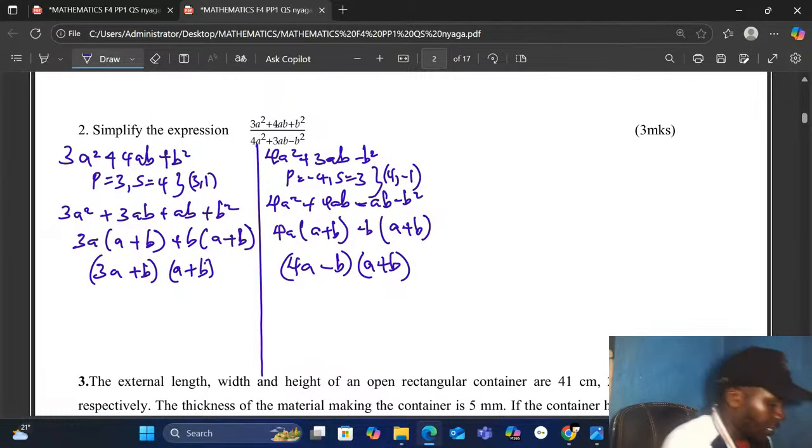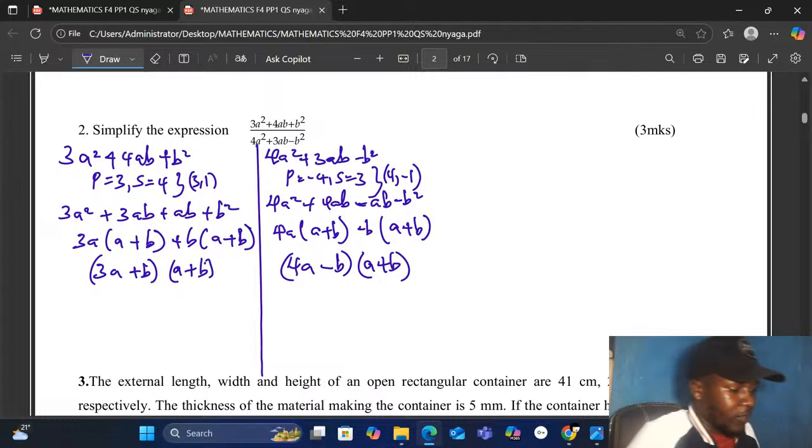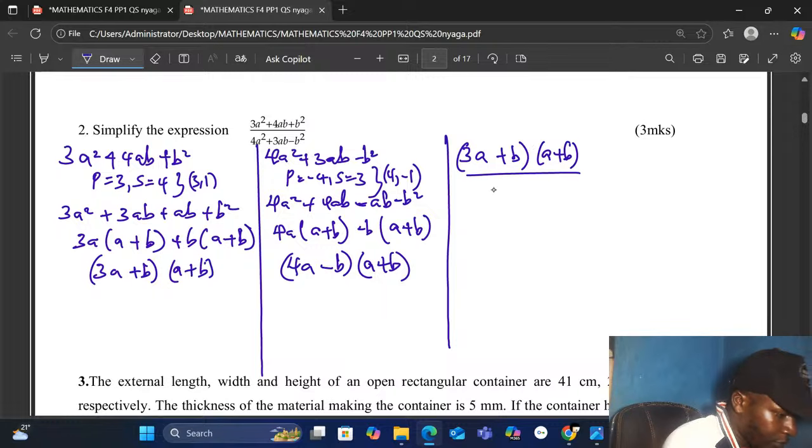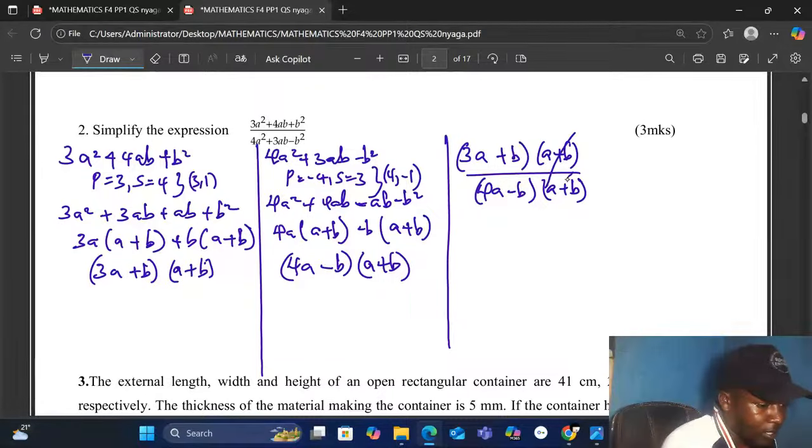Now we combine the two, numerator over denominator. The numerator is 3a plus b, then a plus b, divided by 4a minus b, and then a plus b. You can see we have a common factor, a plus b, which cancels out.